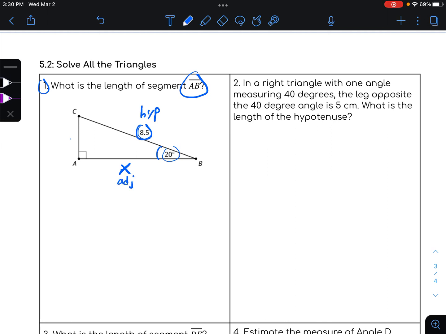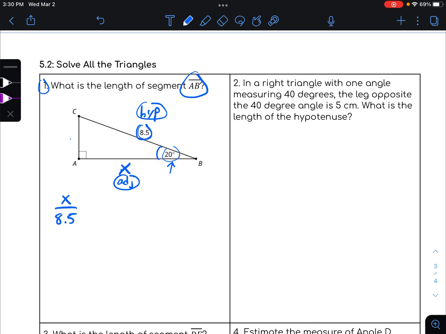So the angle right here is important because we need to think about adjacent divided by hypotenuse. X divided by 8.5, so that's the adjacent divided by the hypotenuse.